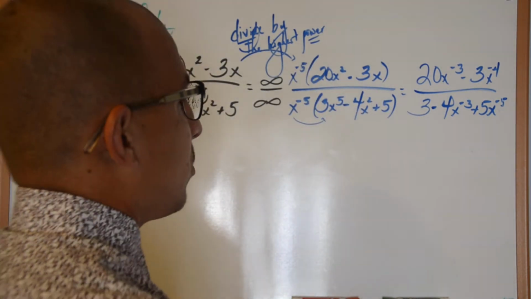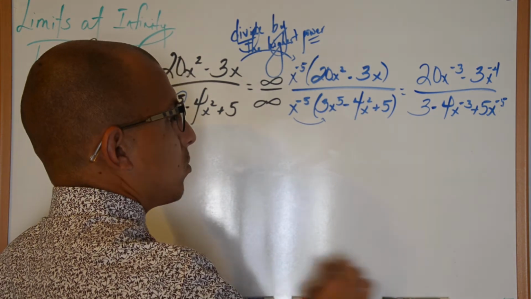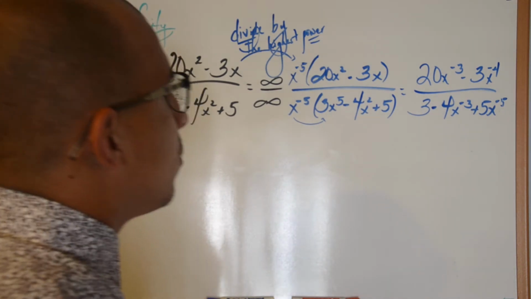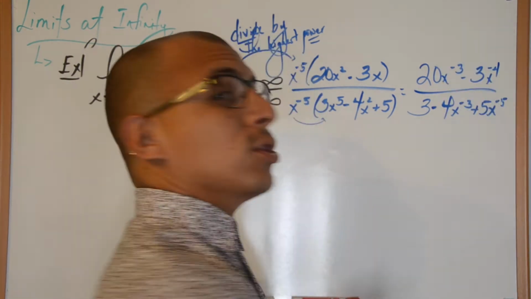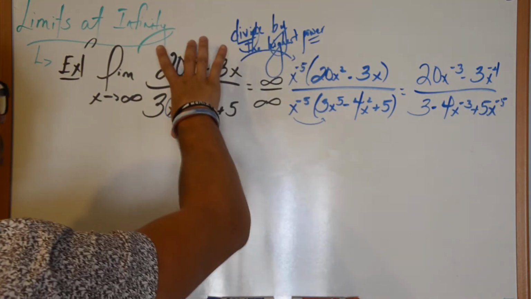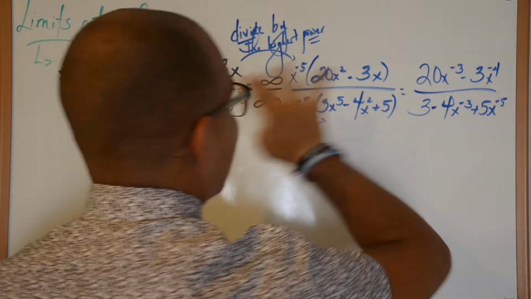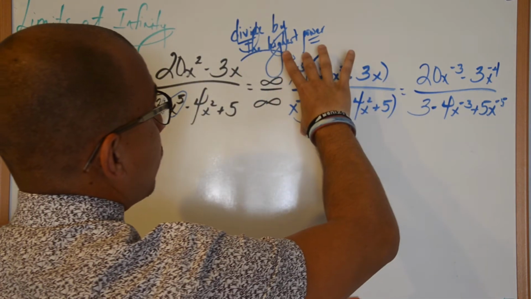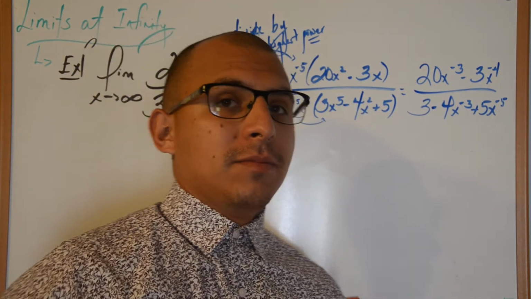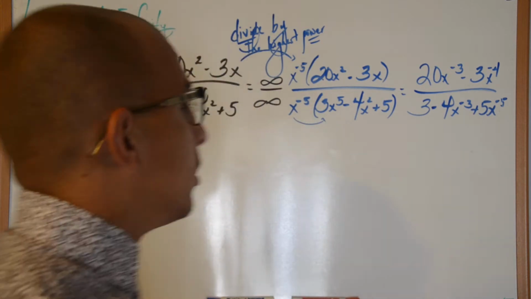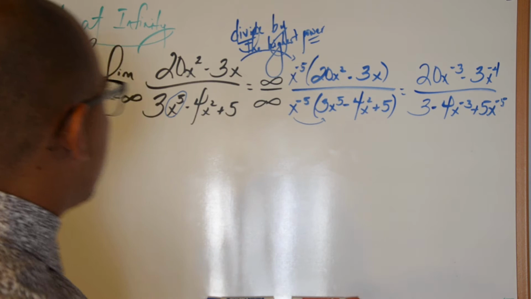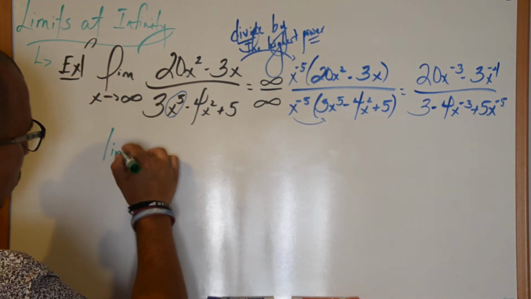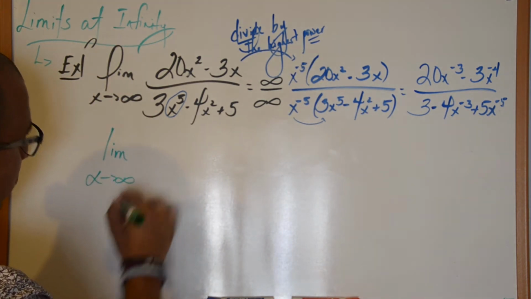Now you might be wondering, what does that do? Why does that really help us? Well, remember, this, even though it looks dramatically different from our original function, is still behaving the same way because we've modified it by a factor of 1, since we've done the same process to the numerator and denominator. So we can now reevaluate our limit.